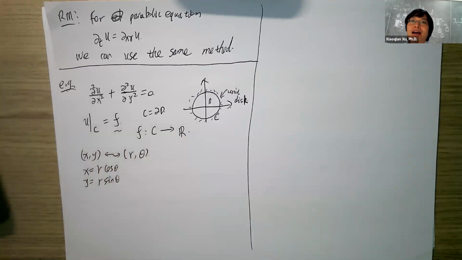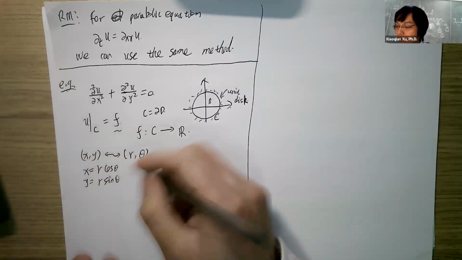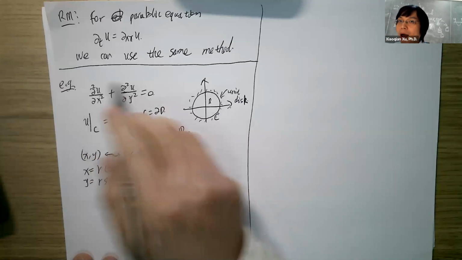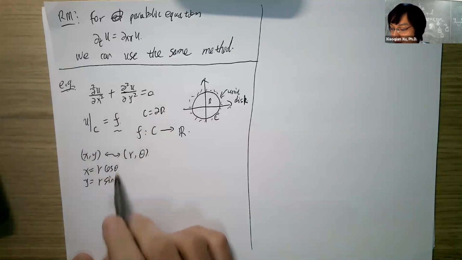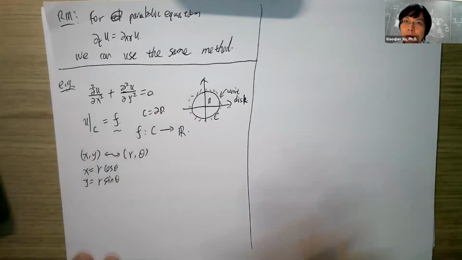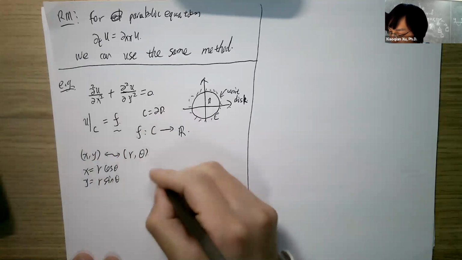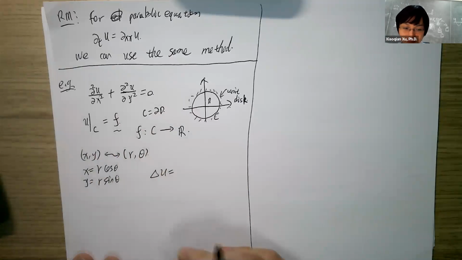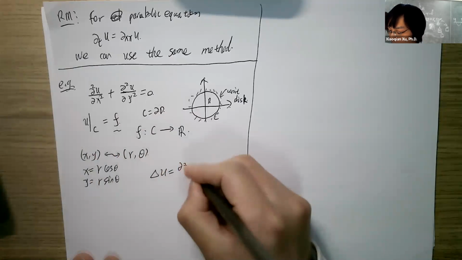This is actually an exercise for you after class: to show that the Laplacian operator under this r theta coordinate, this polar coordinate, can be changed to the following.